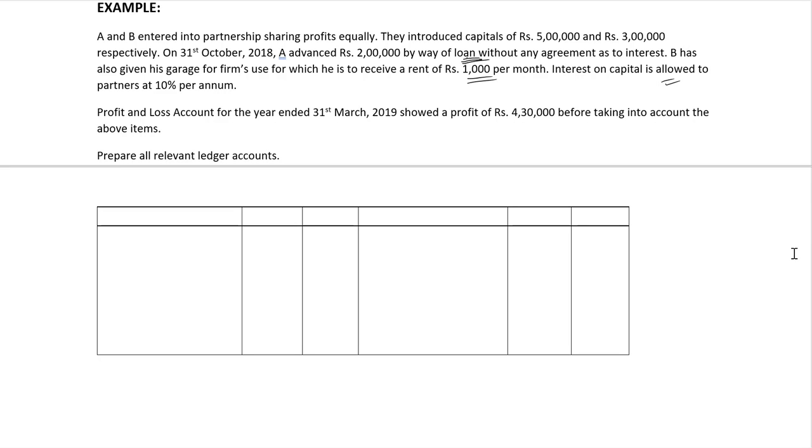Profit and loss account for the year ended March 2019.